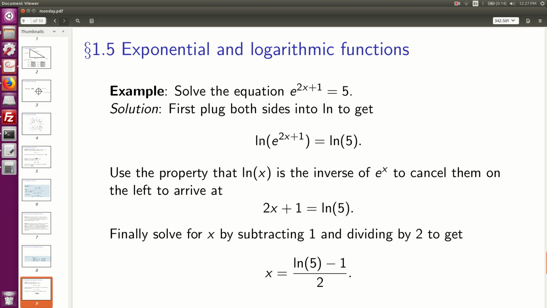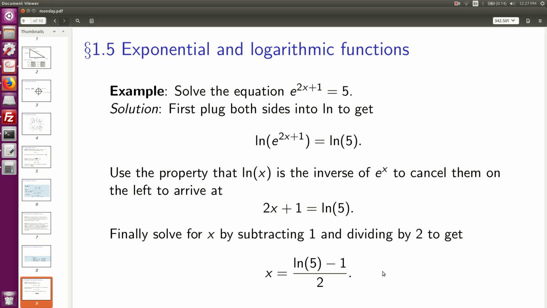Now, the reason I chose to plug this into ln is so that I get this cancellation. So now that I have an ln next to an e, they annihilate each other like matter and antimatter, and poof, they're gone, and I'm left with the exponent. 2x plus 1 equals ln 5, and now this is reduced to a linear equation like the previous section. So you solve for x, and you have now this perfect answer, ln 5 minus 1 over 2.